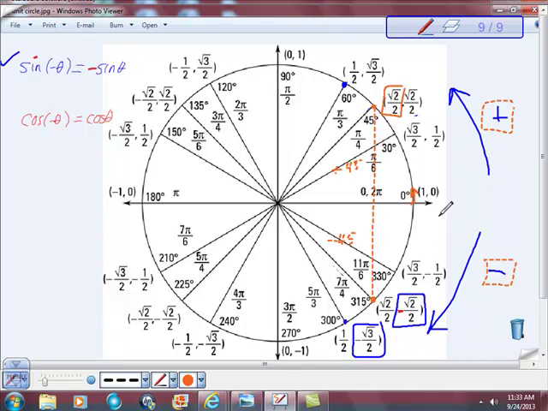If we open it clockwise, we get negative, right? So this is 45 degrees. At the same time, this is also, and I know it sounds weird, negative 45 degrees. And isn't it true that their cosine values are the same? And isn't it true that their sine values are opposites? So that's all we get there.